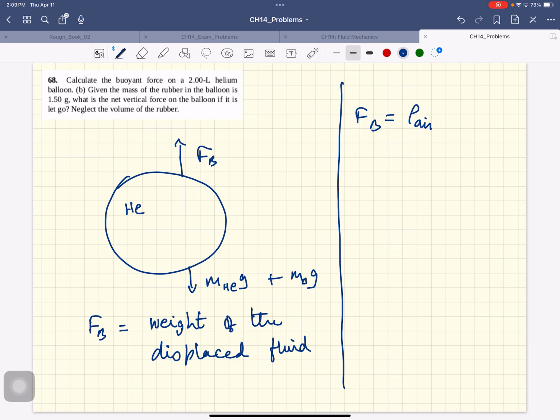Air volume displaced times g. The density of air is 1.29 kg per meter cubed. Volume displaced is 2 liters. A liter is a thousandth of a meter cubed, times 9.8.